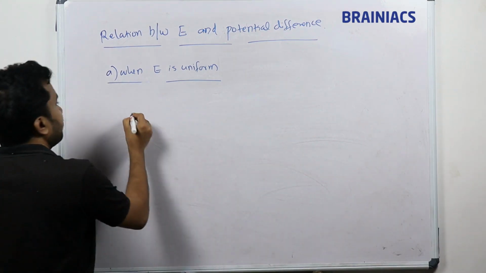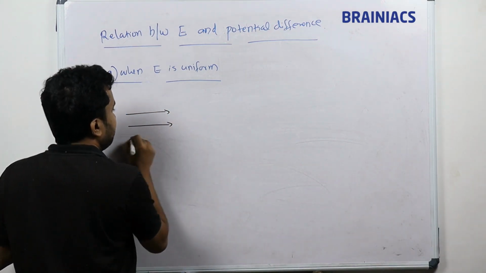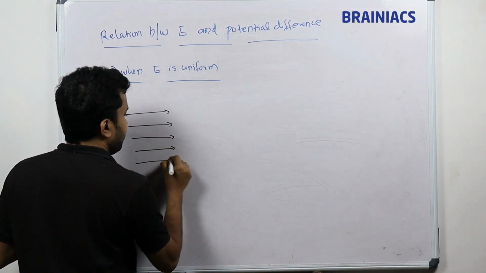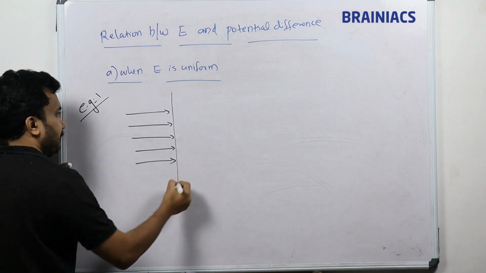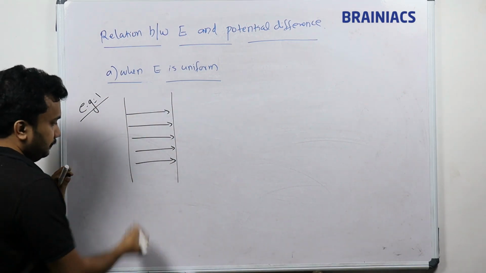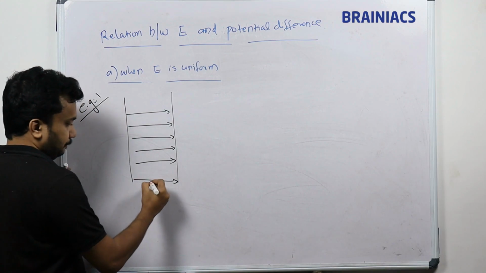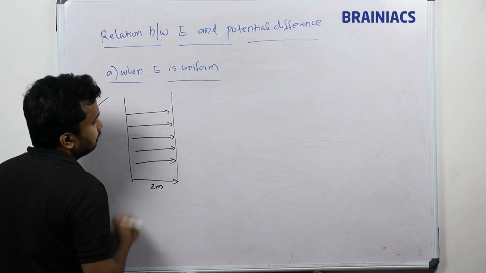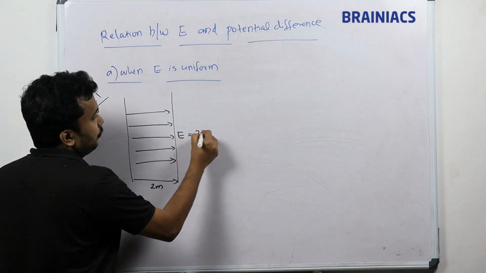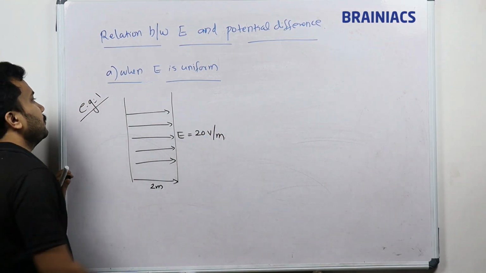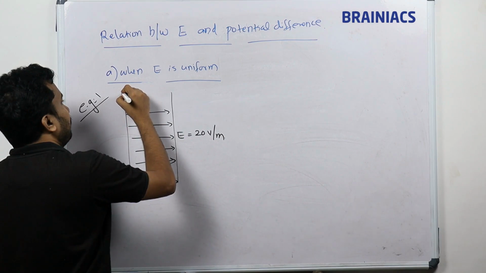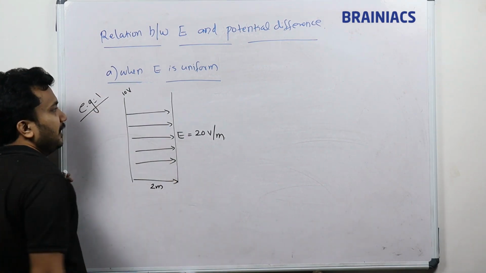Suppose we have an electric field like this between the two reference points. This is example number 1. From this area we have two border lines, and the distance from here to here is 2 meter, and the electric field is equal to 20 volt per meter. Okay, so the potential at this point is equal to 10 volt.